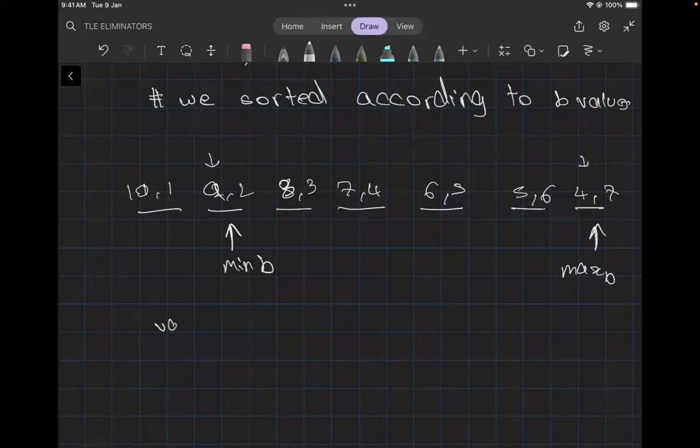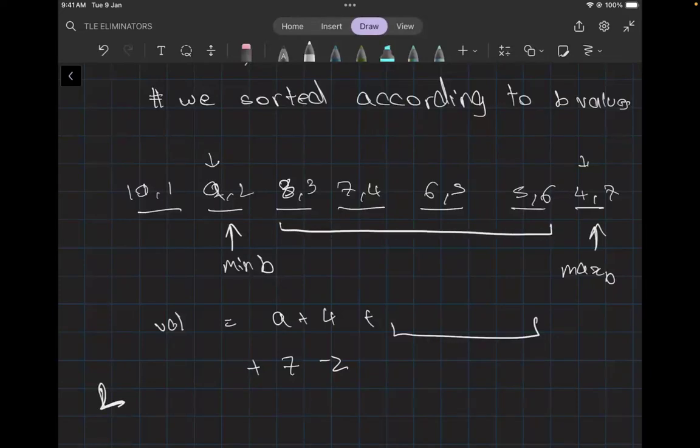So the value of my function is 9 plus 4 plus whatever I take plus 7 minus 2. Now, whatever my limit is, I want to fit as many elements in this. And what am I adding here? I'm only adding AI values, AI, AJ, whatever. So in these elements, these are the A values.